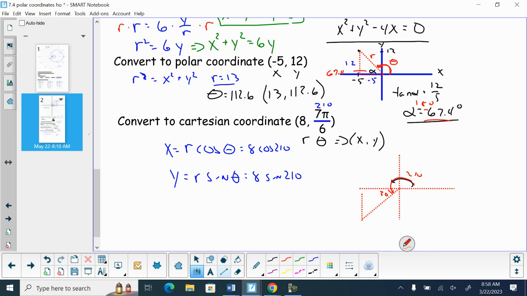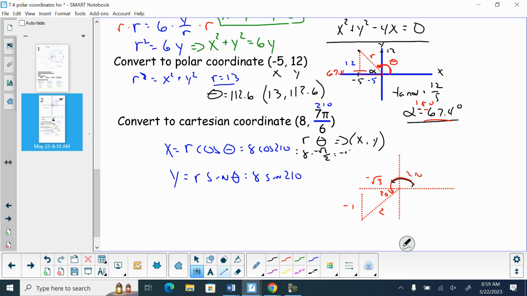We have a reference angle of 30 there. So we have 1, 2, square root of 3. Negatives with both of those. So we have, let's see, 8 times the cosine, which is negative square root of 3 over 2.